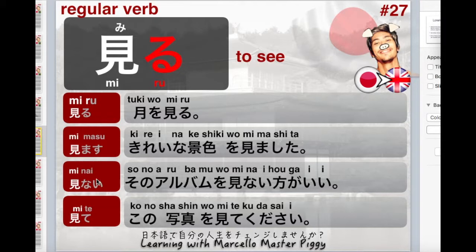The negative form is 見ない。For example, そのアルバムを見ない方がいい。何々ない方がいい means it's better not to, or 何々方がいい means it's better to. So you're giving advice.